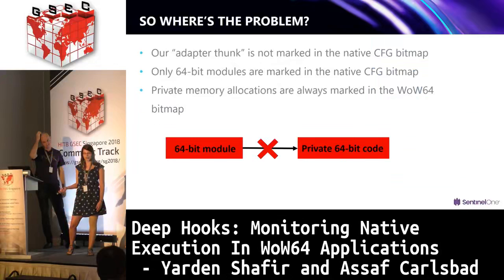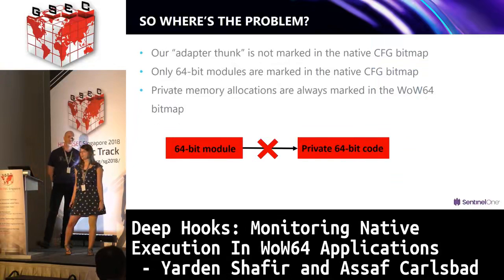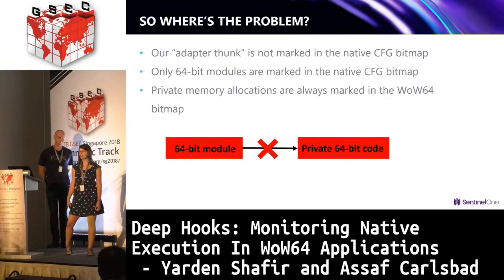But why did that happen? Well, as you might remember, private memory allocations in WoW64 processes always get marked in the WoW64 CFG bitmap. But the function that should dispatch our APC is a function in the 64-bit NTDLL, which checks addresses against the native CFG bitmap. So our adapter thunk is sort of marked in the wrong CFG bitmap.